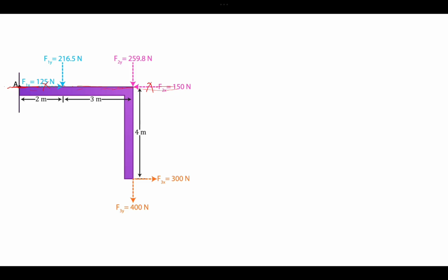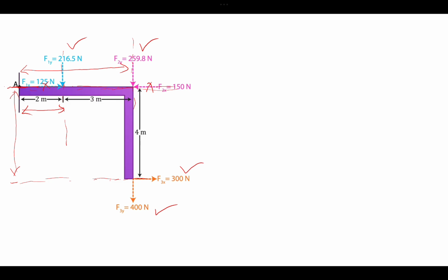Okay, but for the rest of the forces, which are F1y, F2y, F3x and F3y, these forces will have some moment created about point A, because the line of action of F1y is this one, and it has some perpendicular distance from point A. The line of action of F2y is this one, and it also has some perpendicular distance from point A. Then we have F3x, whose line of action is this one, and we have some perpendicular distance here.